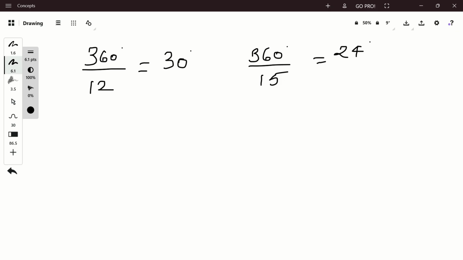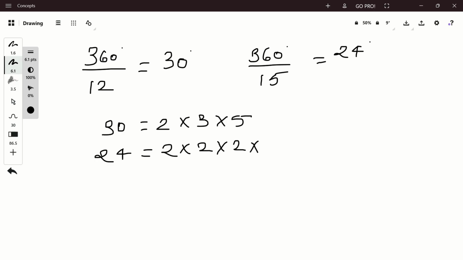The smallest angle that aligns both the gears simultaneously is the LCM of the angles per tooth, that is 30 and 24. The prime factors of 30 are 2 into 3 into 5, and for 24 it is 2 into 2 into 2 into 3.